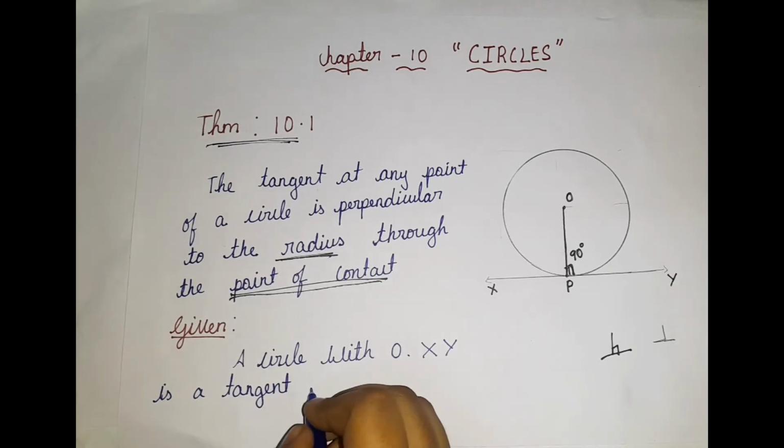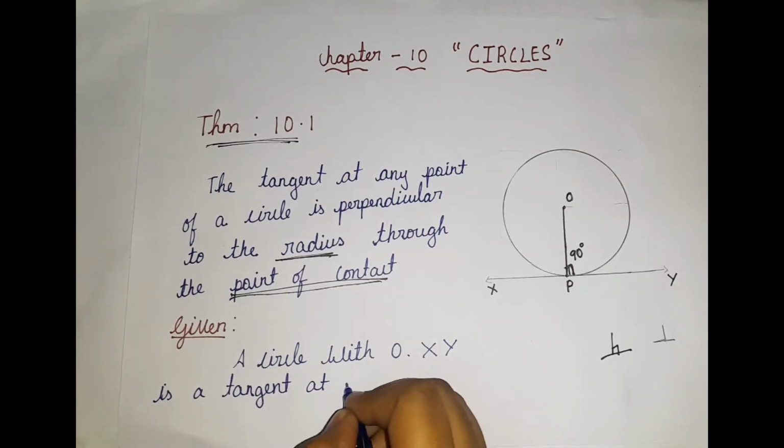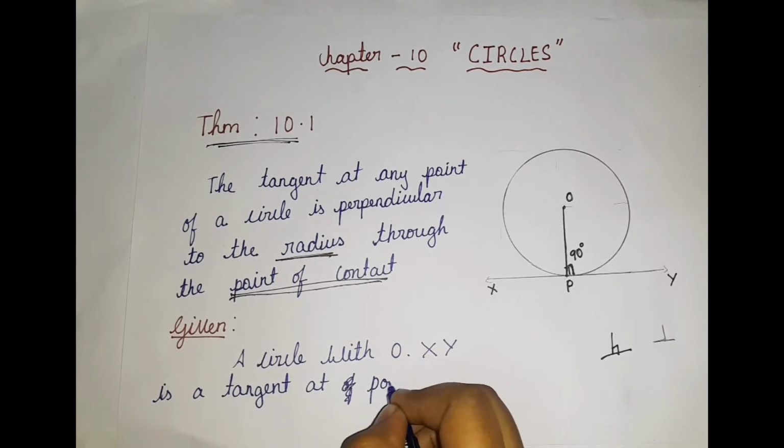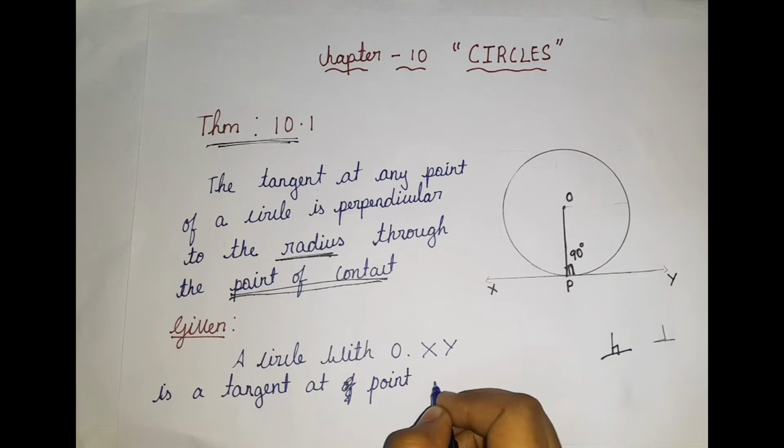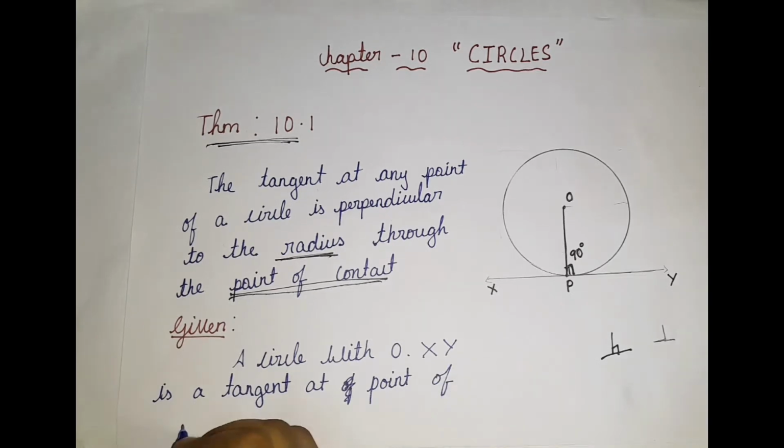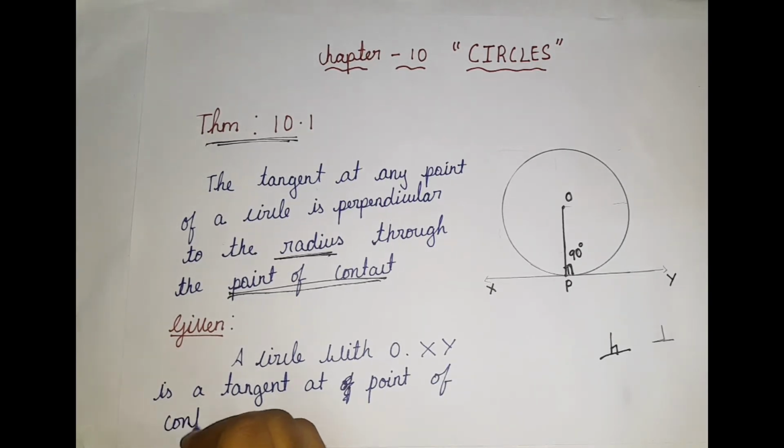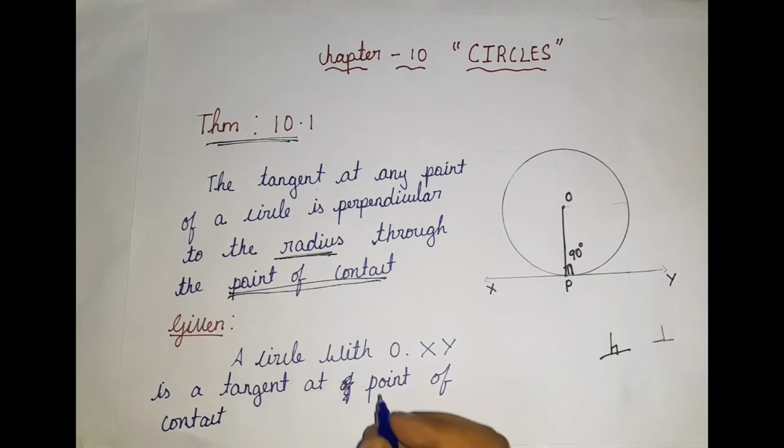XY is a tangent at a point of contact. Since you know what the point of contact is, there is no need to explain it. So we just wrote the given things.